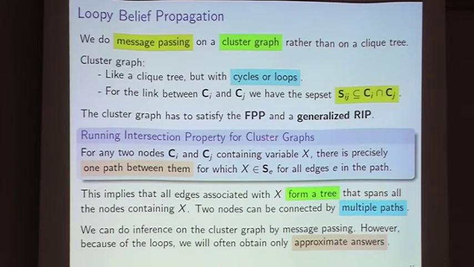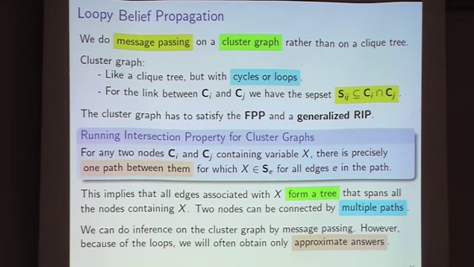This cluster graph will have to satisfy the family preservation property, the same as in the clique tree, and a generalized version of the running intersection property. This generalized version says that for any two nodes containing a variable X, we have only one path connecting those two nodes, such that X belongs to all the subsets in that path.